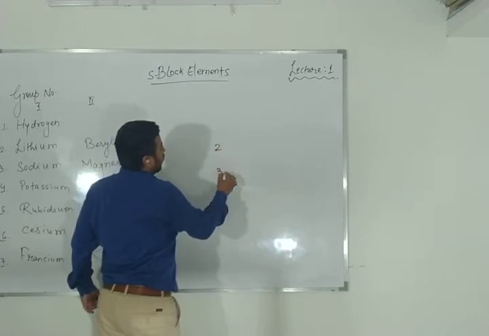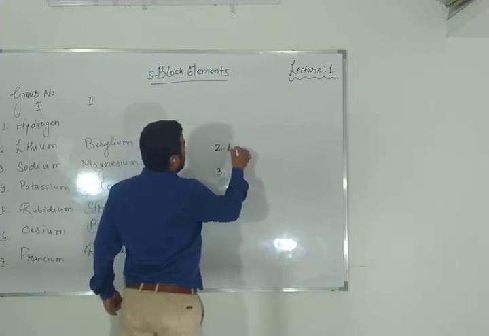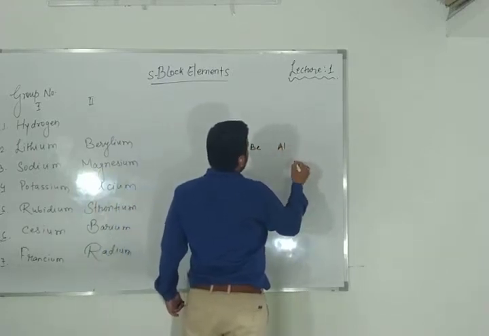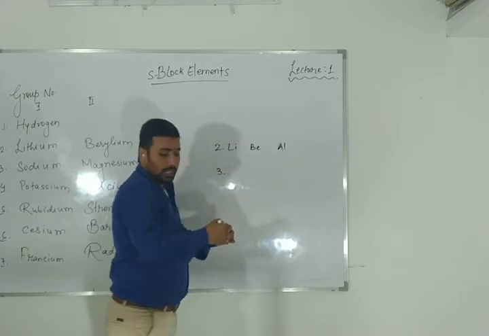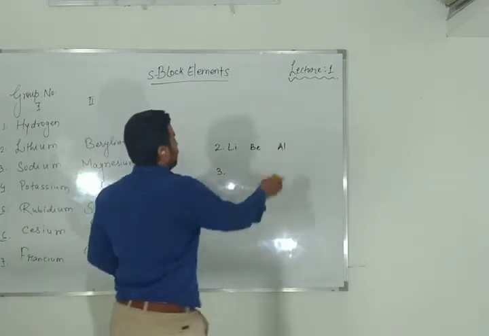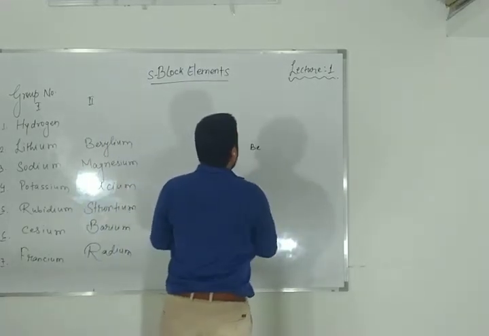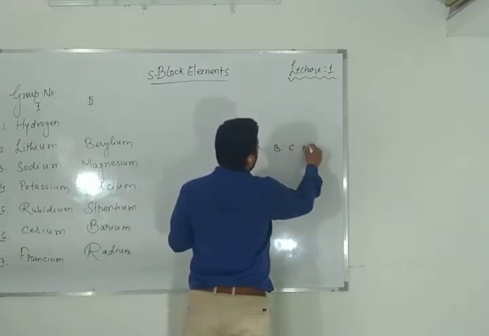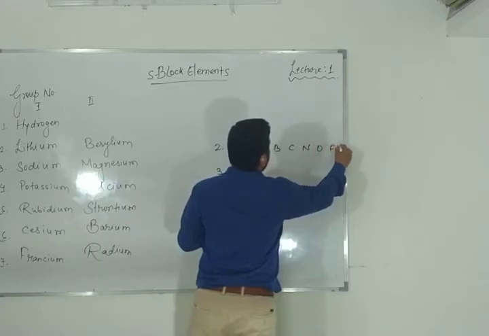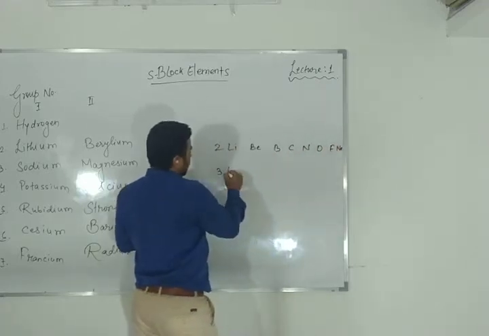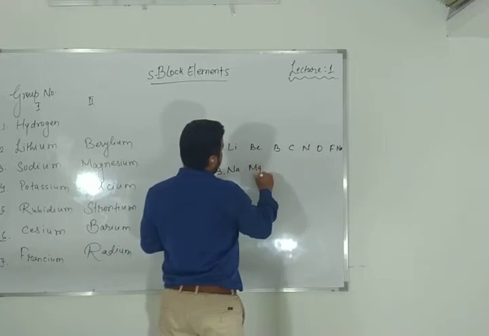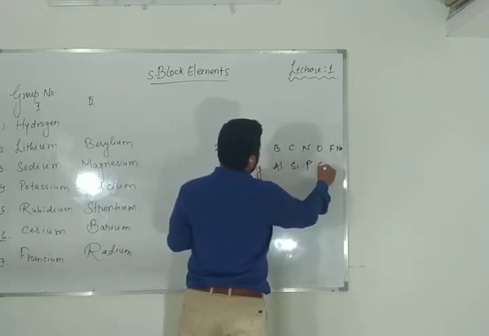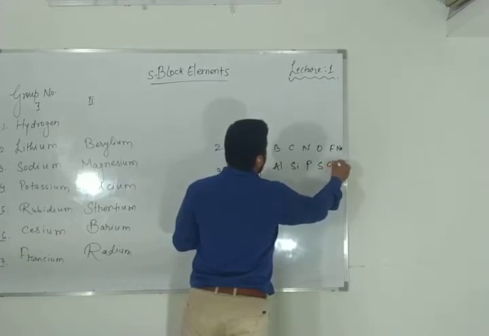Period number 2 elements are lithium, beryllium, boron, carbon, nitrogen, oxygen, fluorine and neon. And in period number 3, sodium, magnesium, aluminium, silicon, phosphorus, sulfur, chlorine and argon.